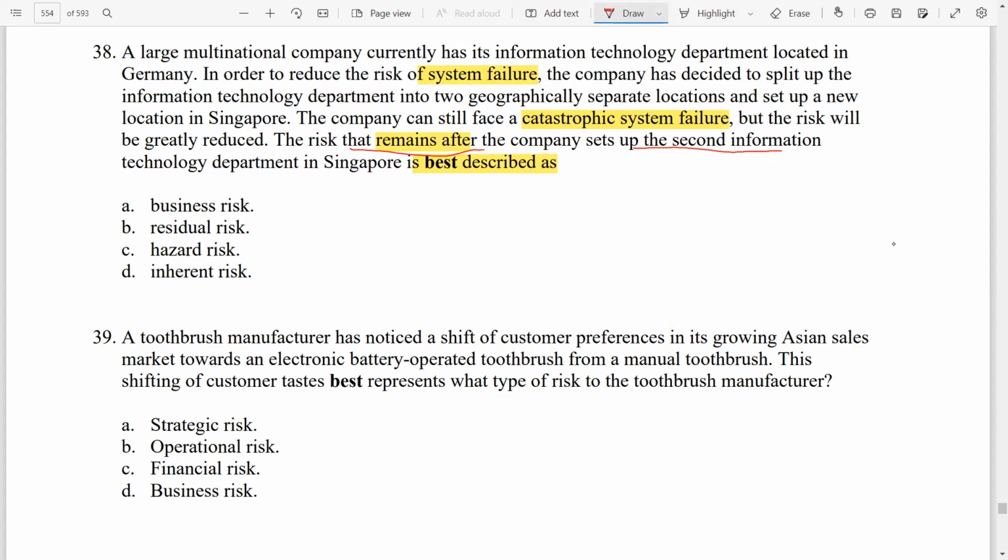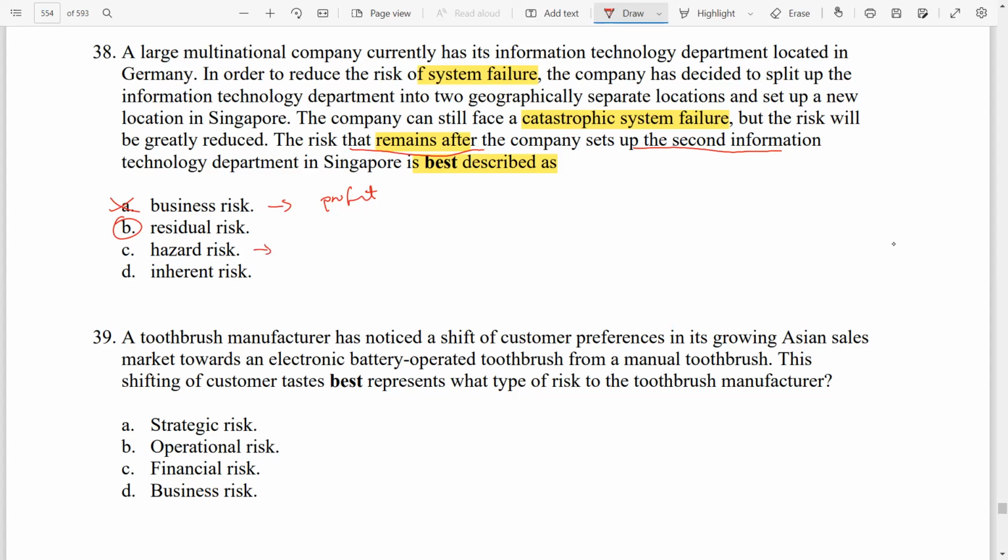Well, business risk is the risk that the company may not make profit. B is what explains the remaining risk. The remaining risk is residual risk.